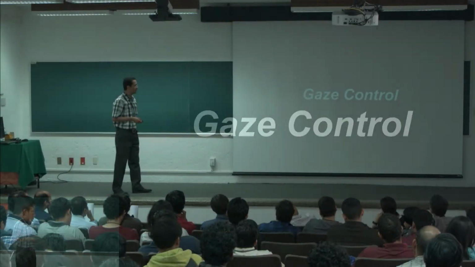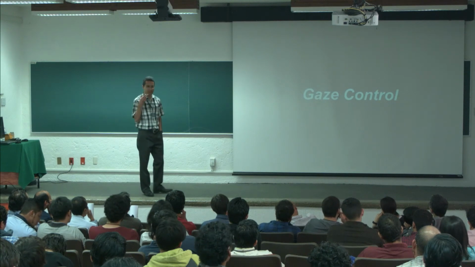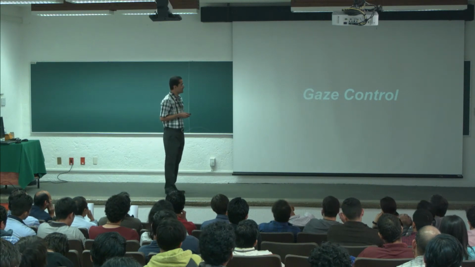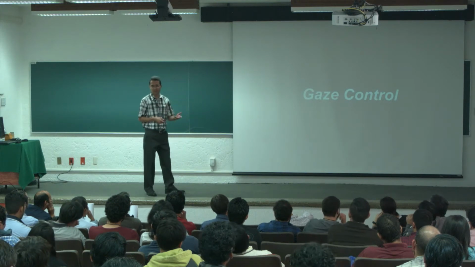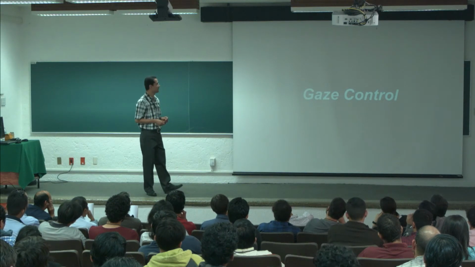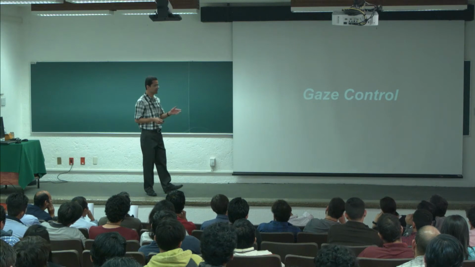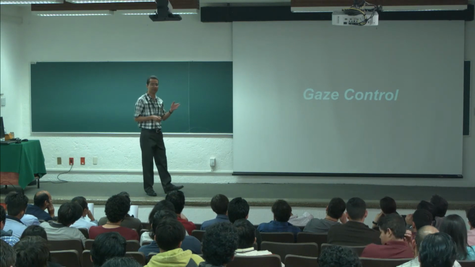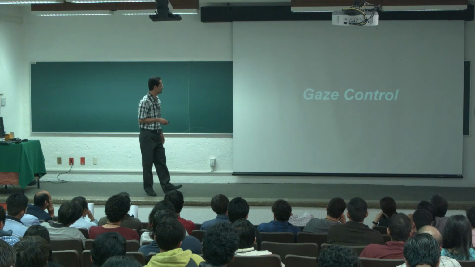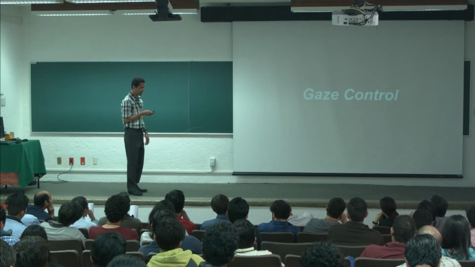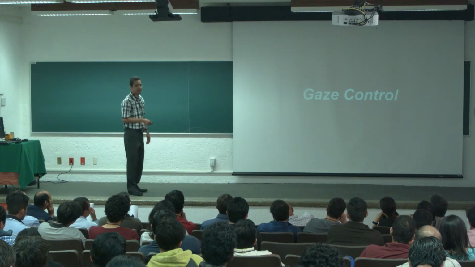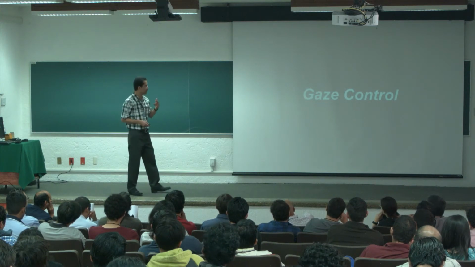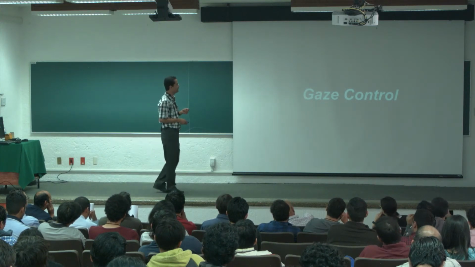Gaze control is about the movement of our eyes. So the idea is that, as I said before, the robots need to acquire more information, and sometimes you need to select which information is the important one. So that's the key idea about this. Gaze means the movement of the eyes.